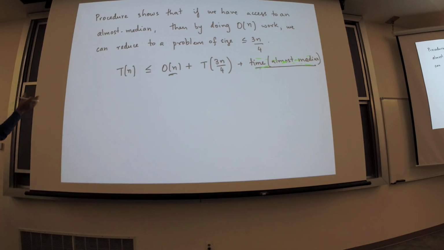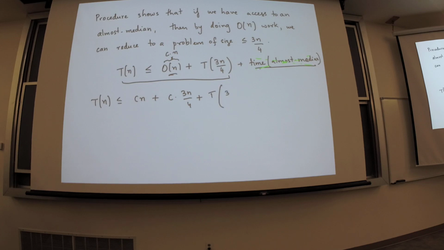All right, but if this were the recurrence, I claim that this one solves to a total of linear. And again, the easiest way to do this is by plug and chug. So for clarity, instead of O of n, let's write some c times n, some constant c. Now if you plug this in, you get T of n less than or equal to cn plus c times 3n by 4 plus T of 3/4 of 3n by 4.